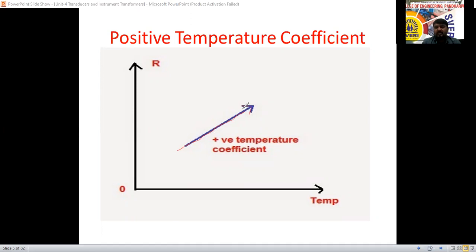That is a loss problem it will create. So we call this the positive temperature coefficient of resistance: resistance increasing for increasing temperature.